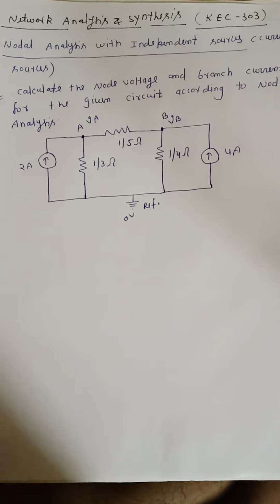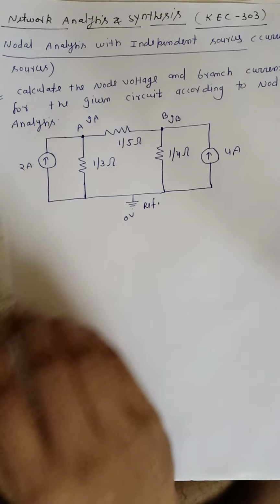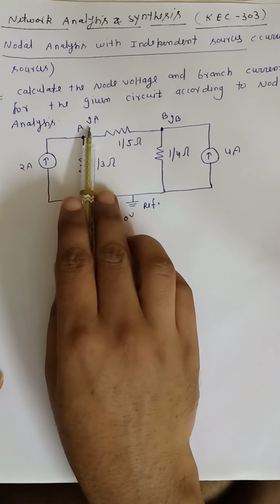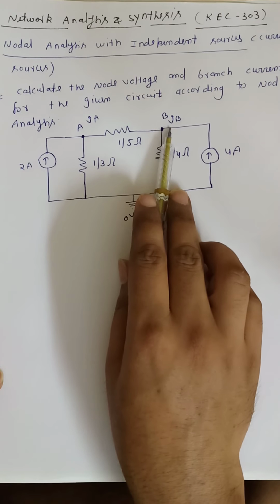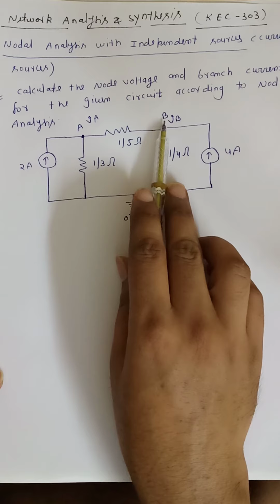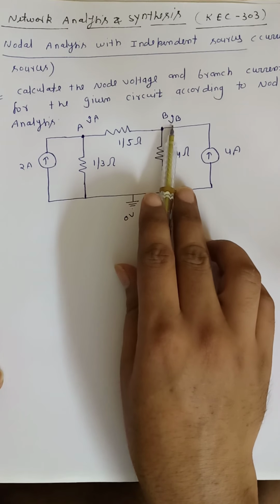So we want to calculate the node voltage VA for node A and the node voltage VB for node B.